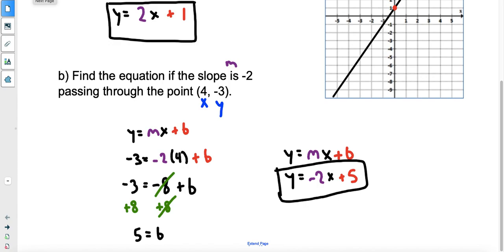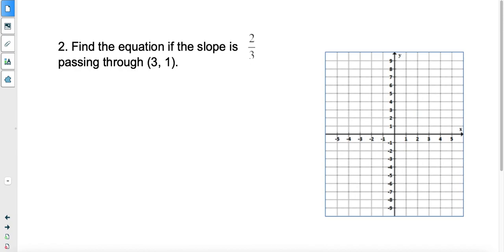Now, I want to look at one more example where we have a fraction here, 2 over 3, as the slope. And we want to find the equation of a line where the slope is 2 over 3 and it passes through the point 3, 1.